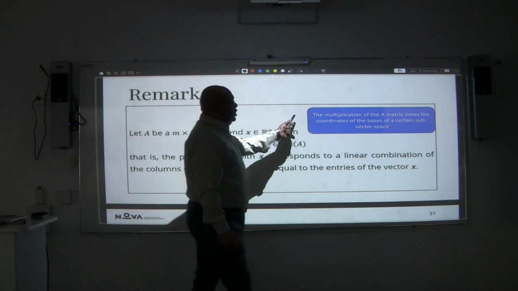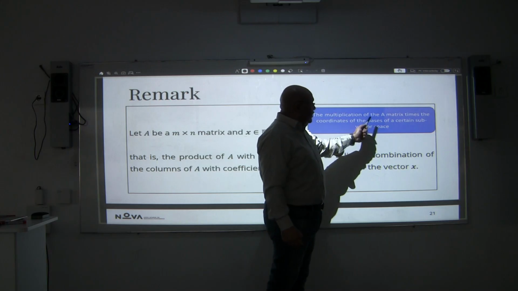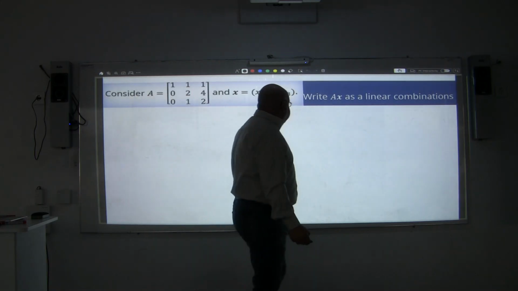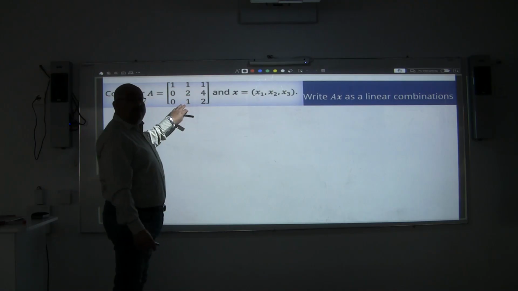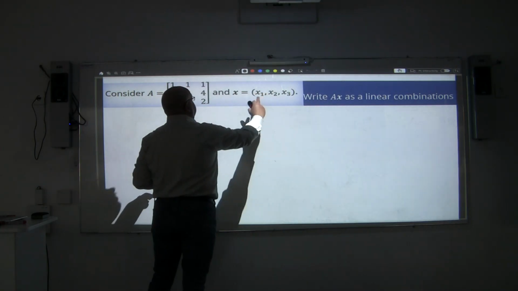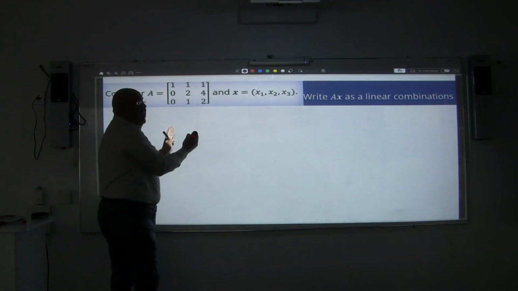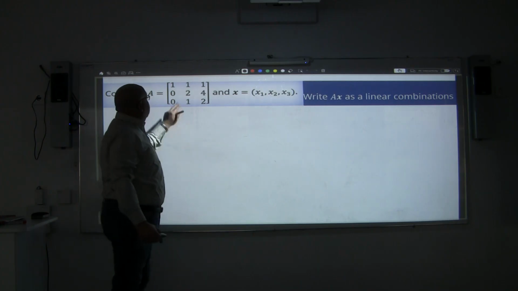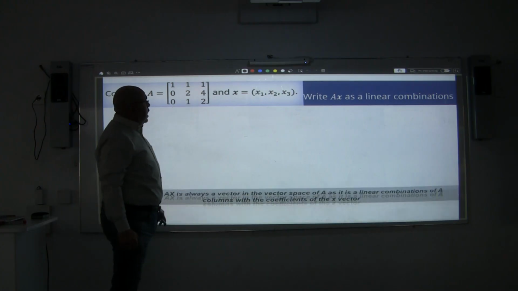So the multiplication of the matrix A times the coordinates of a basis of a certain subvector space can be represented easily. If I consider X as the coordinates x1, x2, x3, multiplying A by X is exactly like multiplying the first column by x1 plus the second column by x2 plus the third column by x3.